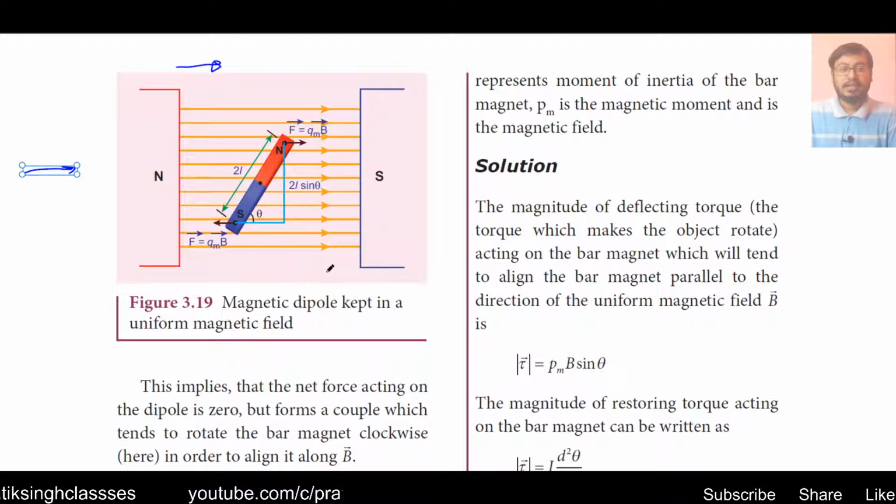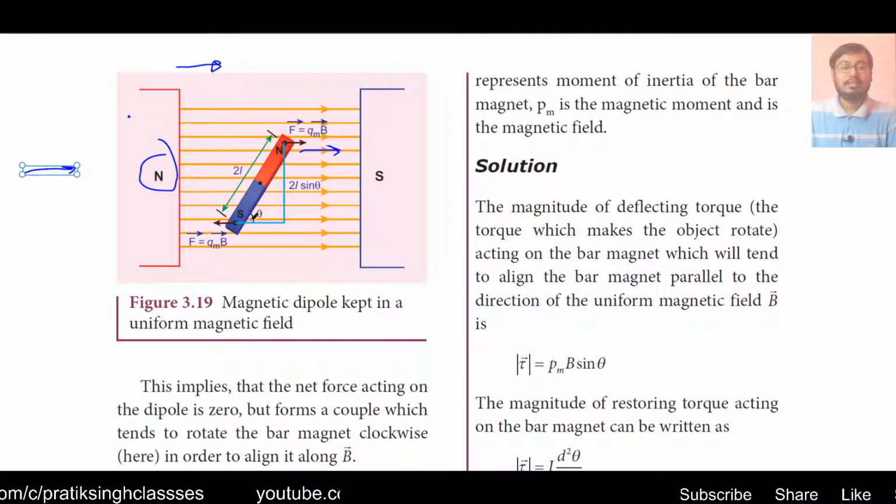As you can see here, the left hand side is the north pole, and because of this the north pole of the bar magnet will be repelled, but the south pole of the bar magnet will be attracted. That is why the symbol of force is also given. Let me change the color of the pen for clear visualization.